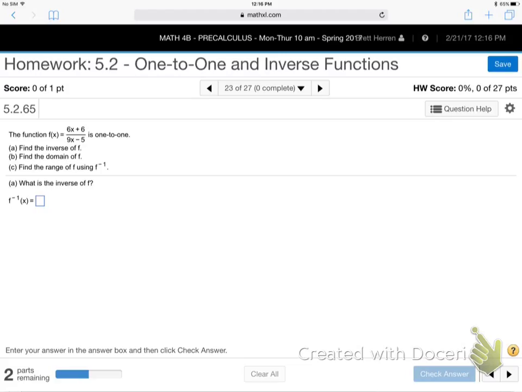All right. So f, the original, is 6x plus 6 over 9x minus 5. Okay, so can you find the inverse function?